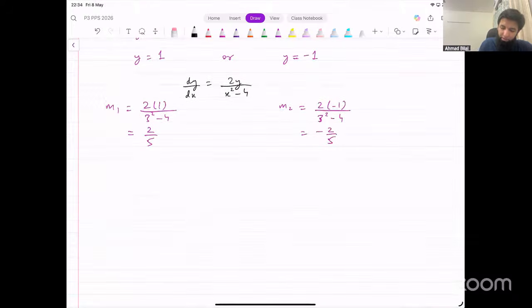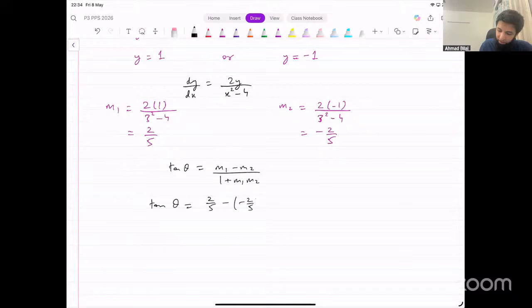Now input them in the formula. Tan theta is equal to m1 minus m2 divided by 1 plus m1 times m2. Now what does this turn out to be? Tan theta equals m1, which is 2 over 5, minus minus 2 over 5, divided by 1 plus 2 over 5 into minus 2 over 5.